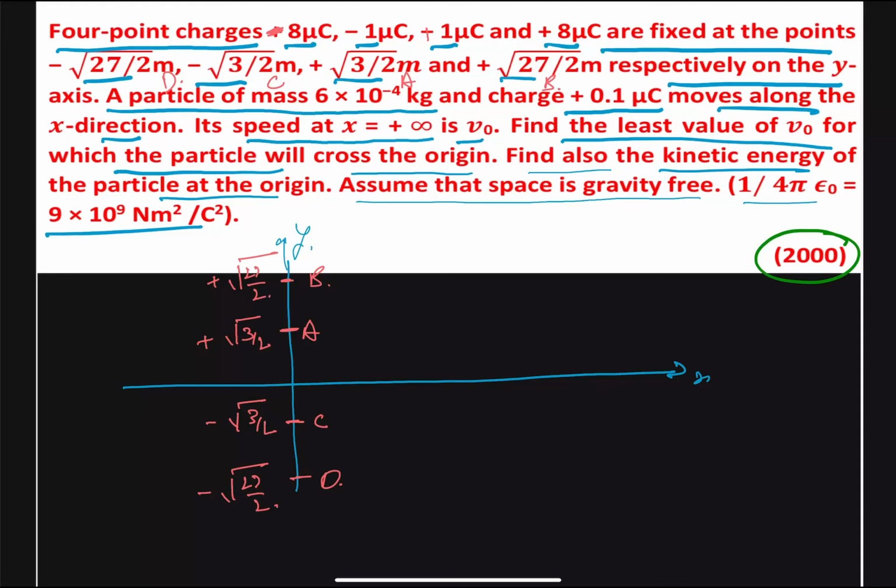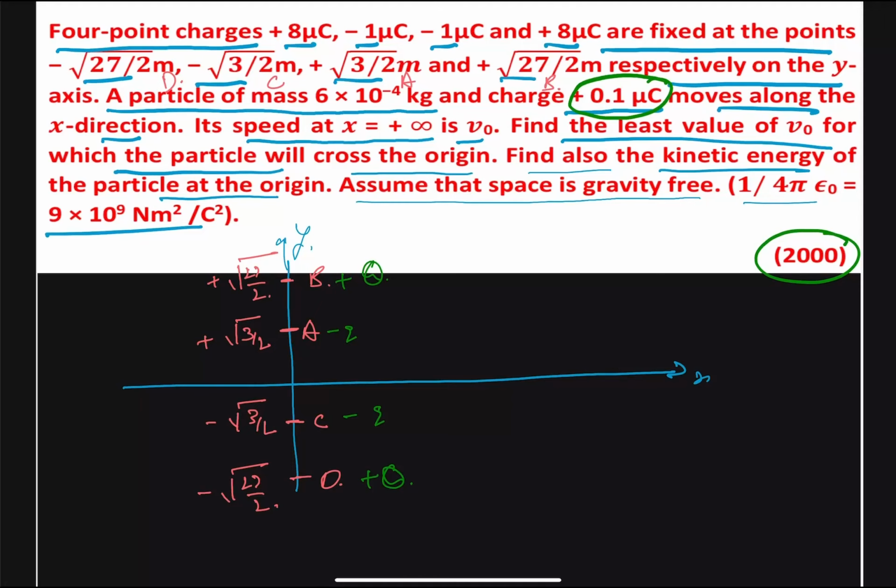At D, no, it's correct, it is positive, my mistake, and this is also negative. So we get at A, minus Q, and this is plus capital Q. Similarly this will be minus Q and this will be plus capital Q. Yeah, now it's correct.